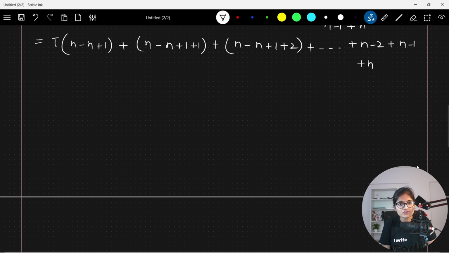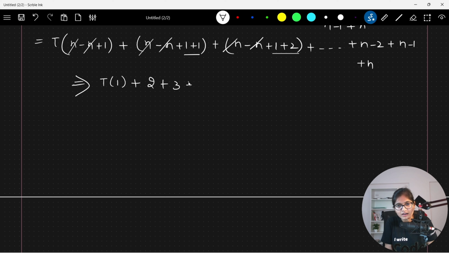If we solve this, the n terms cancel out with each other. So we get t of 1 plus 2 plus 3, and so on, plus the value of n minus 2 plus n minus 1 plus n.